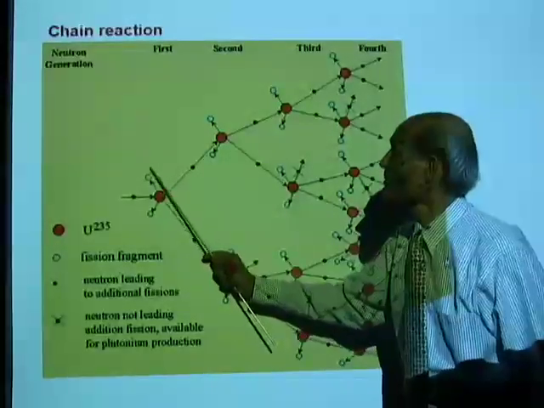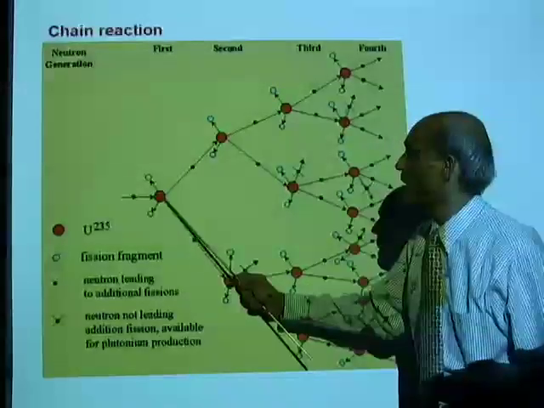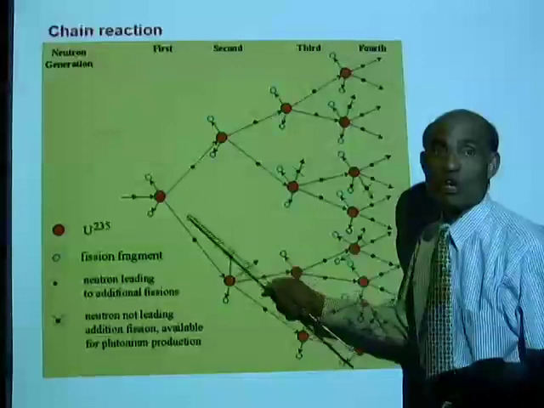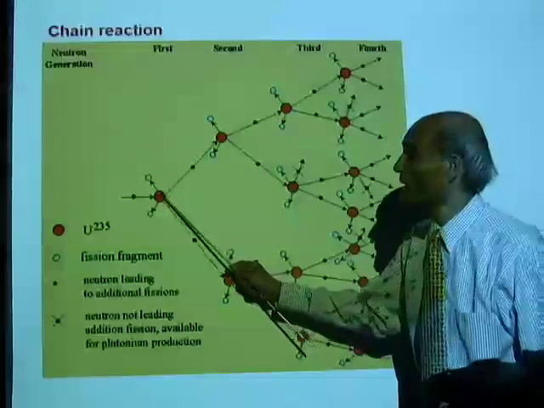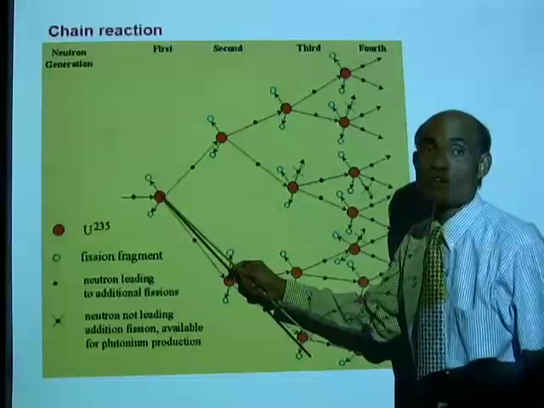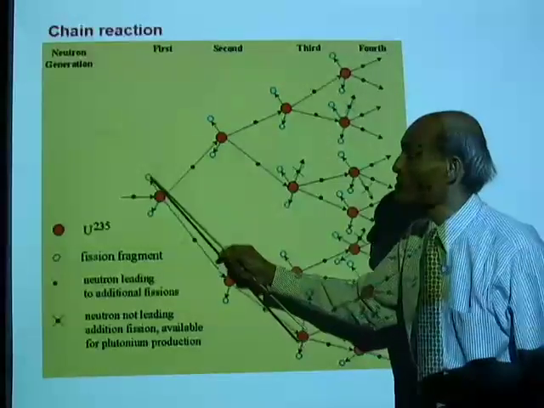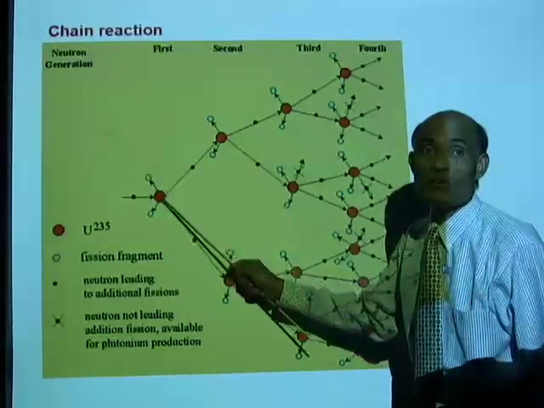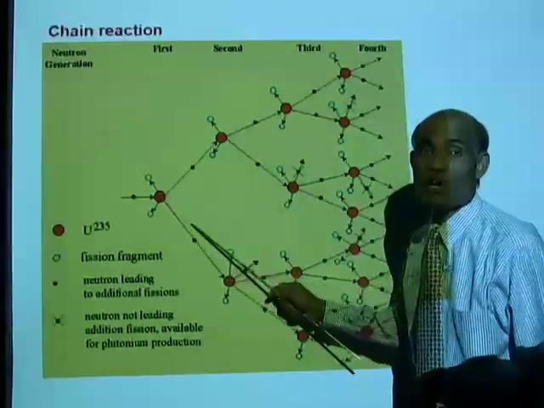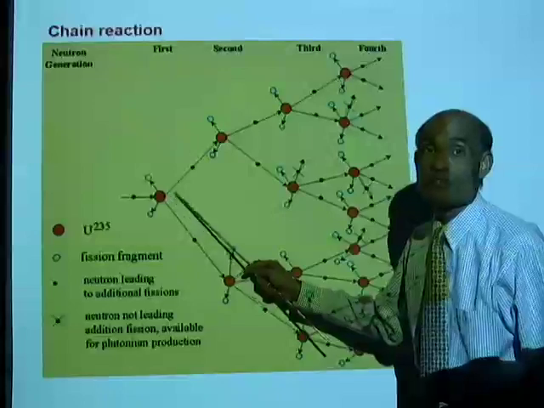If this is barium and this is krypton, the 2 free neutrons are represented by these black dots. So a uranium nucleus absorbs a thermal neutron, undergoes fission, producing a nucleus of barium, a nucleus of krypton, free neutrons, and, of course, a lot of energy.